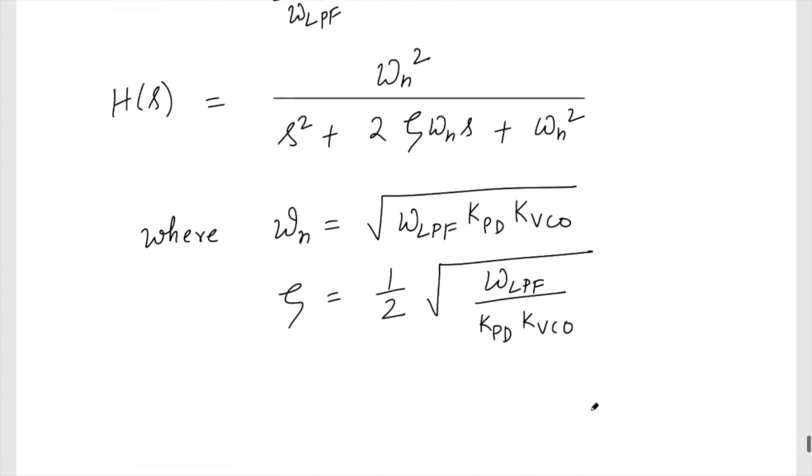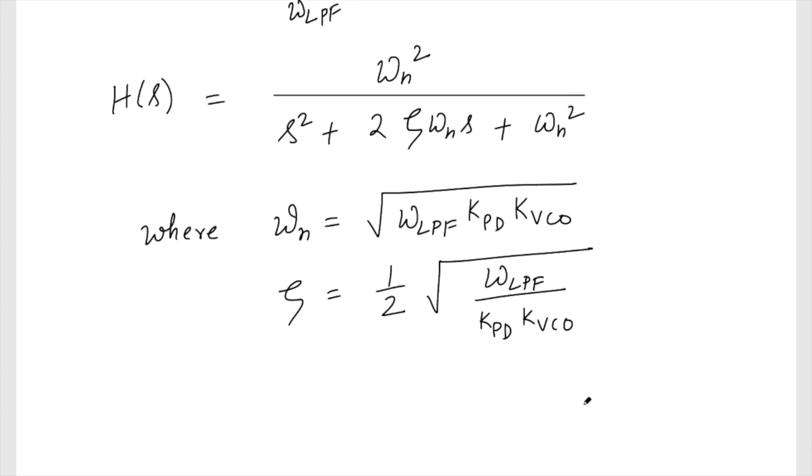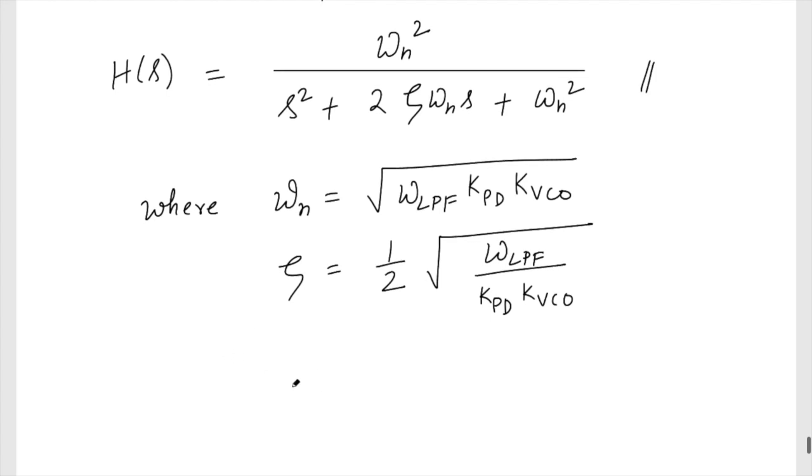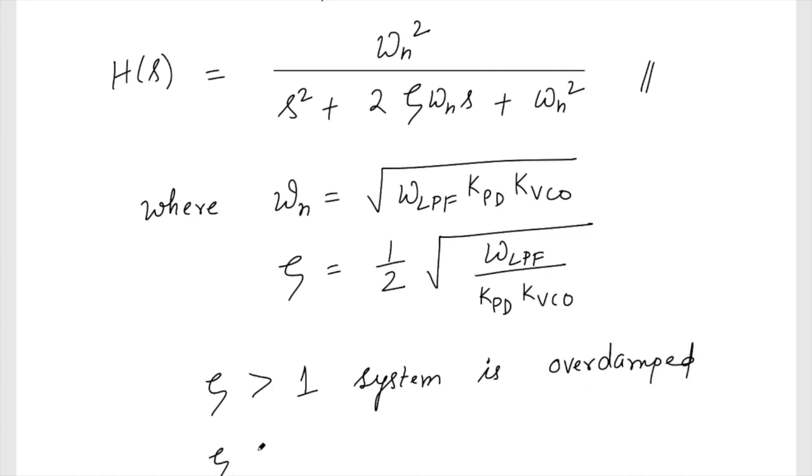This is a standard equation that we use in control systems to define a second order system, so all the formulation for the second order system is applicable here. As we know, for eta greater than 1, the system is overdamped, and for eta lesser than 1, the system is underdamped.